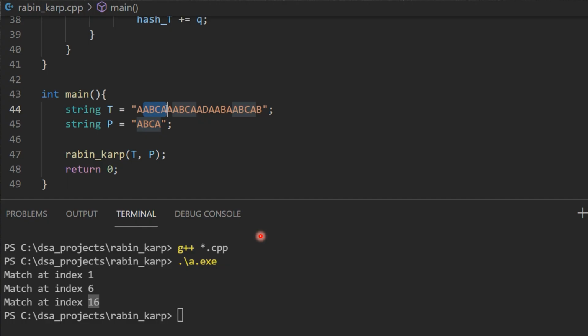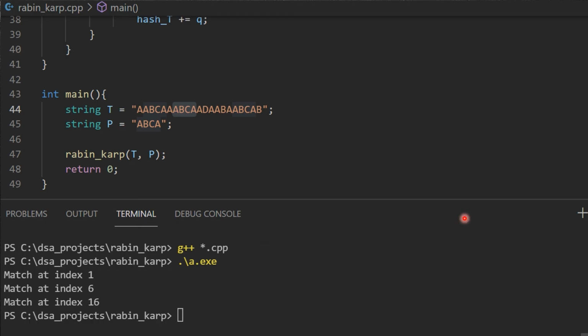If I highlight it, you can see the first one is highlighted, this 6 is denoting this second window, and then the third one you can see starting at the 16th or 17th character. So it had found all the 3 occurrences.